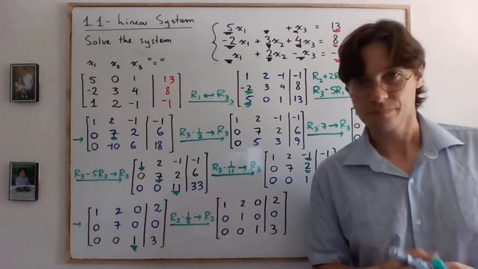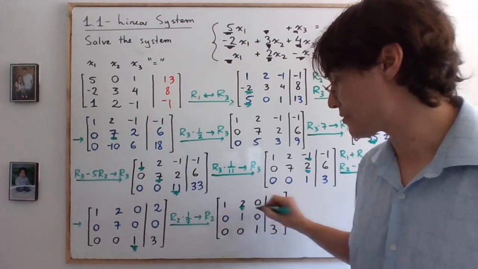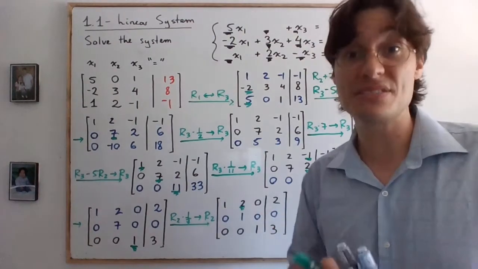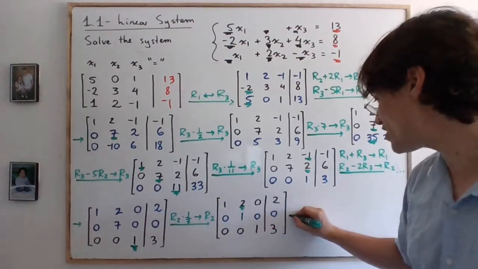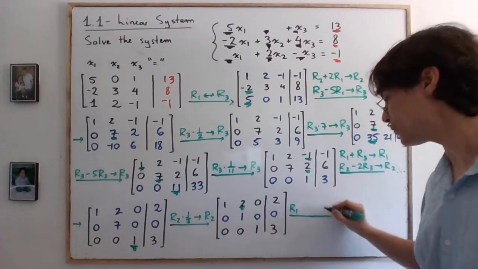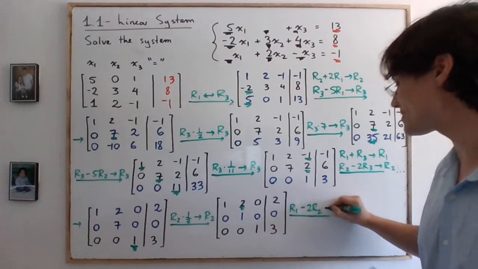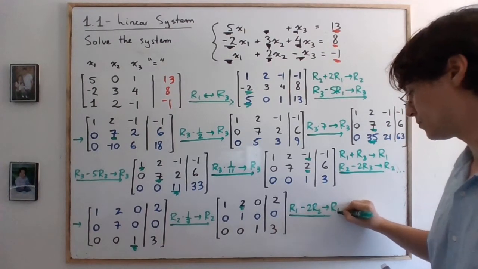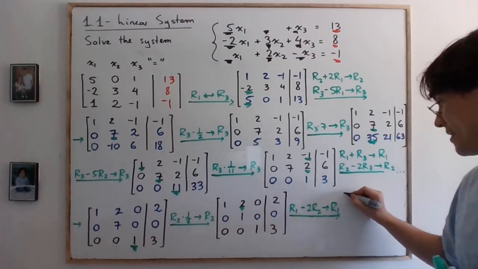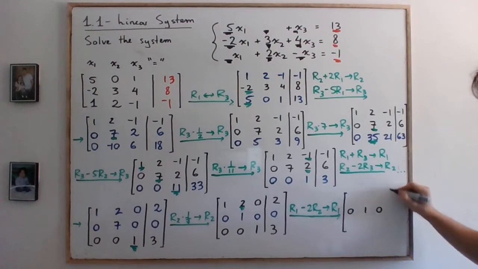Okay. The last thing we want to do is, now that we have a 1 here, we have the perfect pivot. We want to make this 2 into a 0. So we're going to change the first row. And what we're going to do to it is to subtract twice the second row. And from there, we have our final matrix.